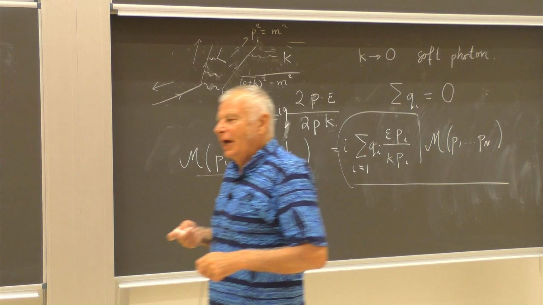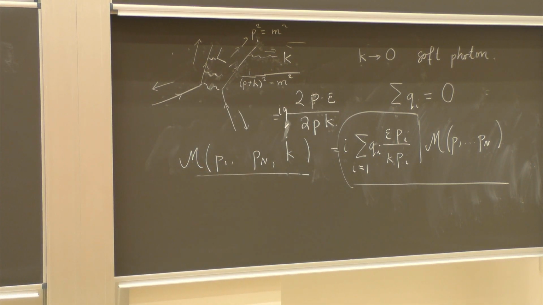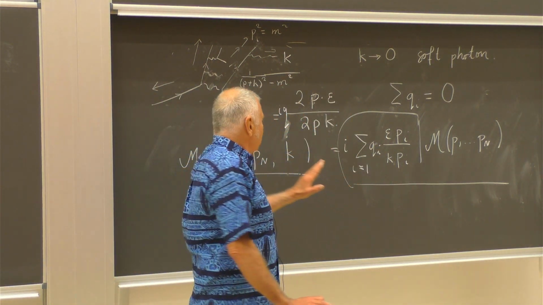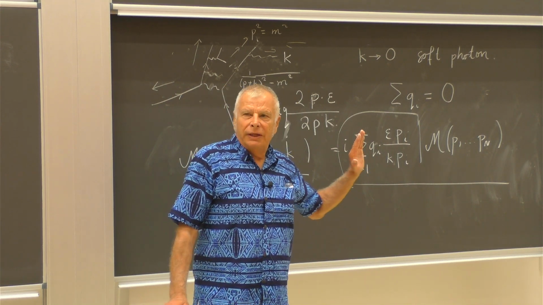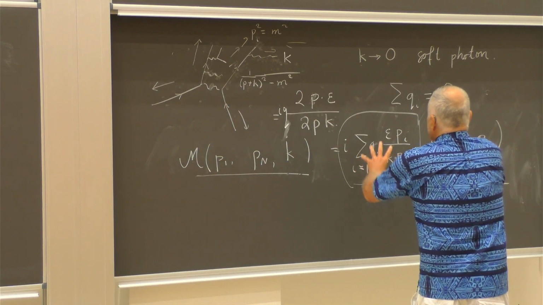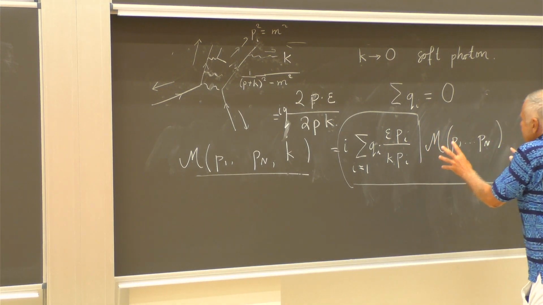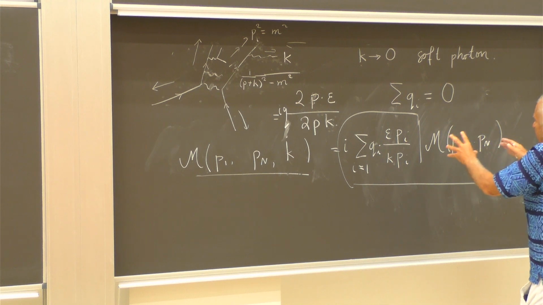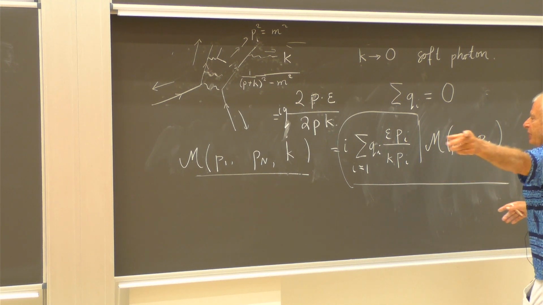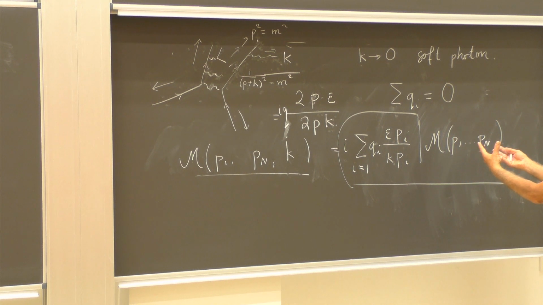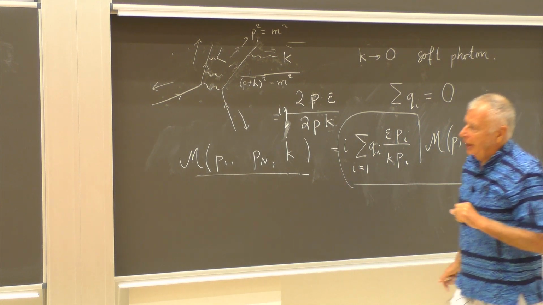So in QED, we know explicitly that the leading and subleading infrared singularities factorize in this way. I can write essentially everything in terms of some factors and amplitudes without the photon. The subleading theorem will involve some derivatives of the amplitude in the absence of photons. Okay, good.